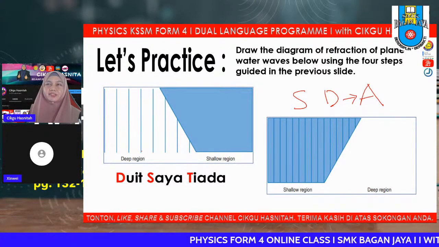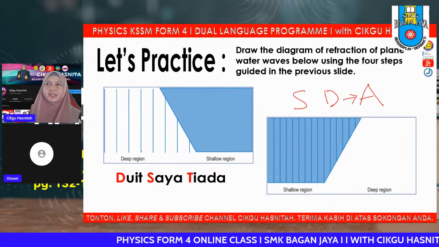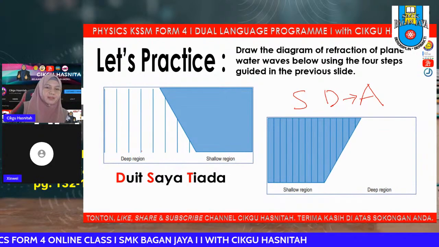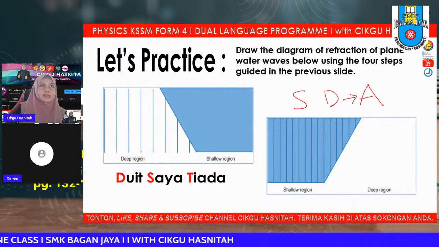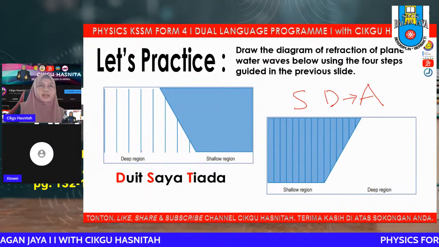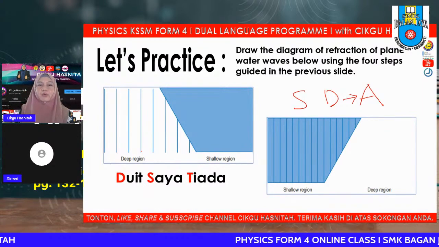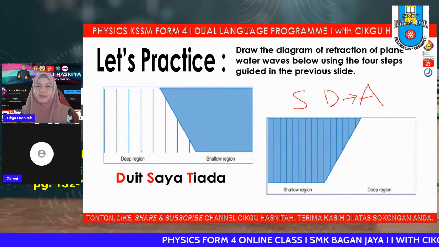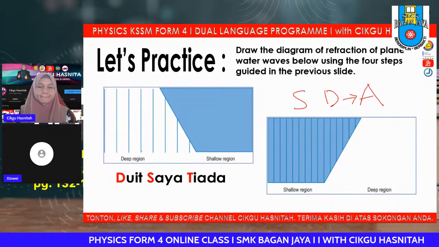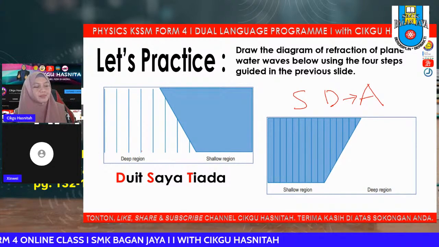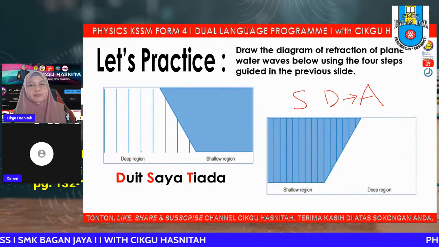Changes in depth, changes the velocity, changes the wavelength. Later you will see the effect of density when we are dealing with sound wave and also light wave. Am I answering your question? Okay, you can proceed with your drawing first.